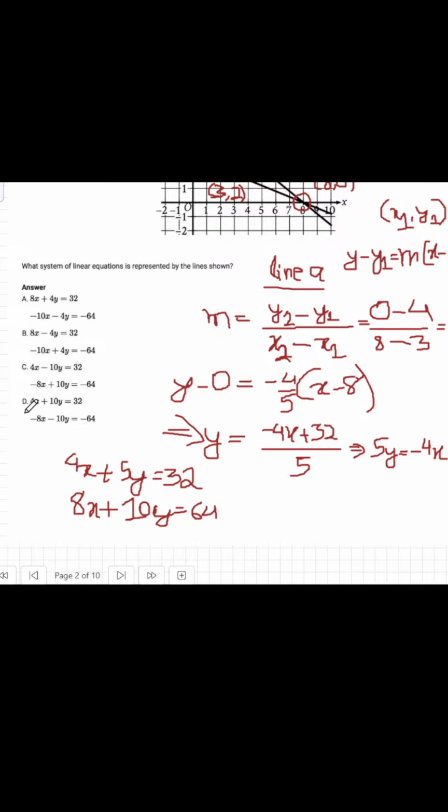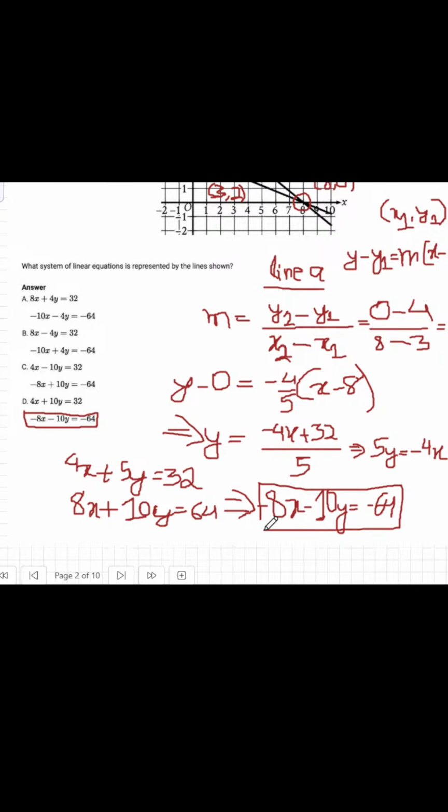This equation looks similar because it is the same thing, but with minus 1 multiplied. So we can do minus 8x minus 10y equal to minus 64. This is the form in which we have it in the option. So D should be the answer because the other equations are not matching.